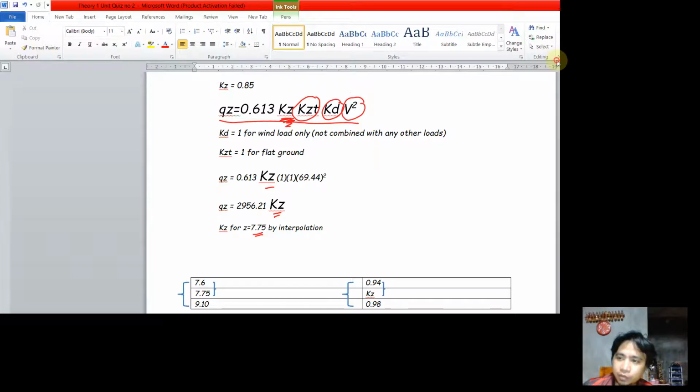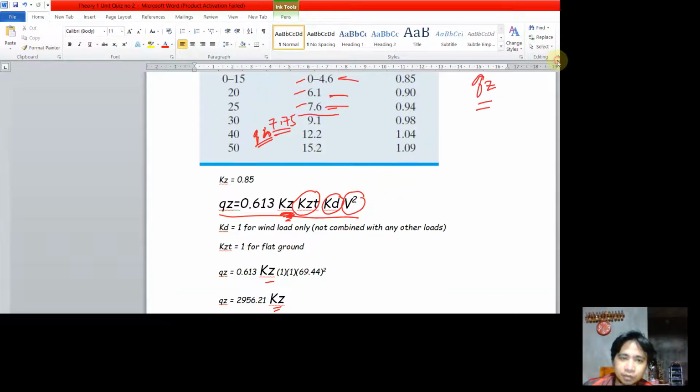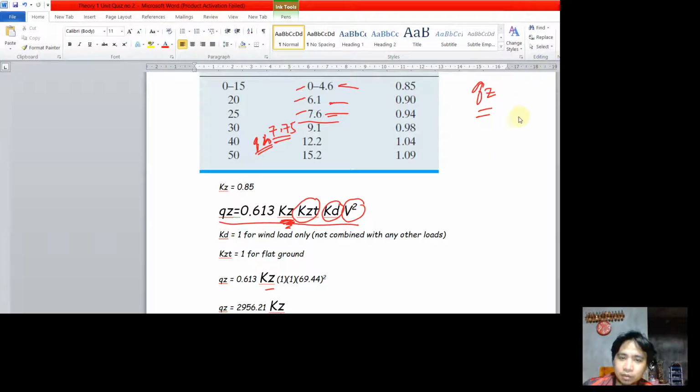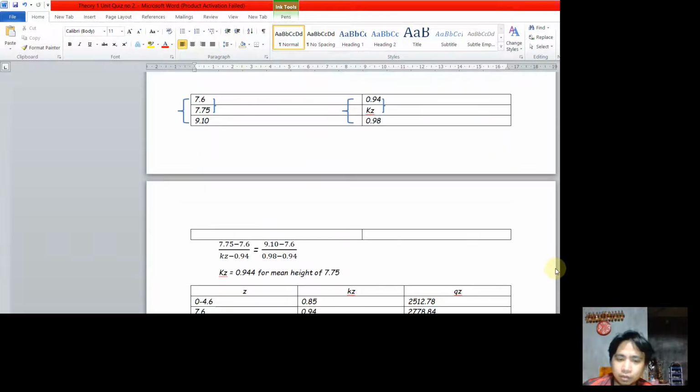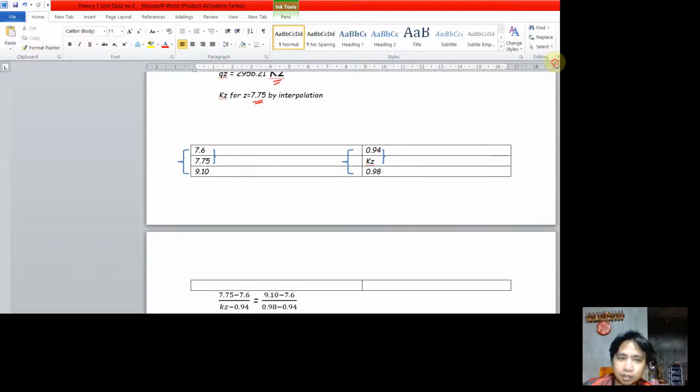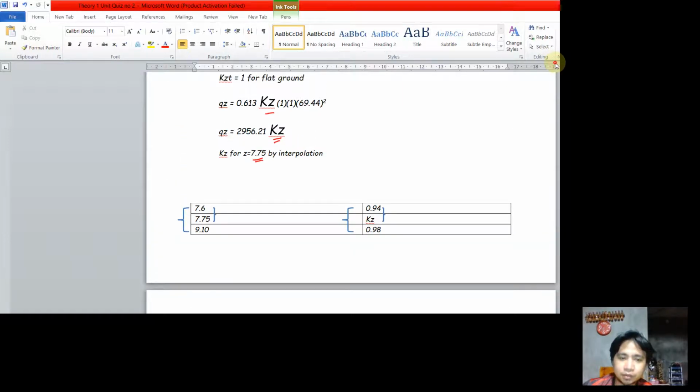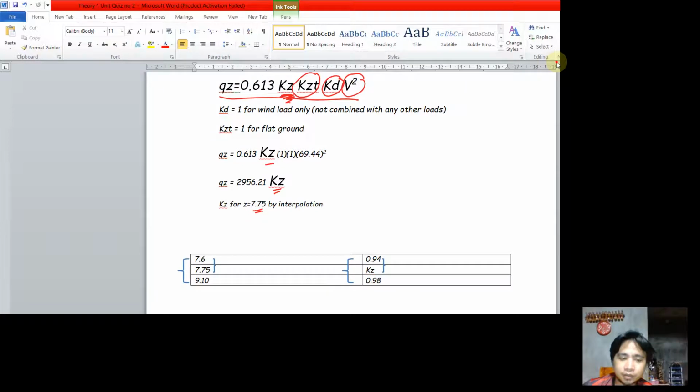So from this table, we should get the values of Kz.